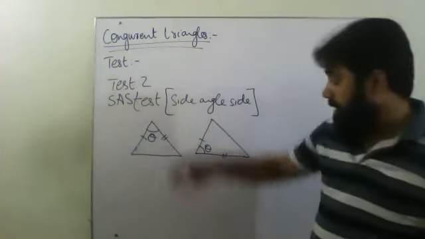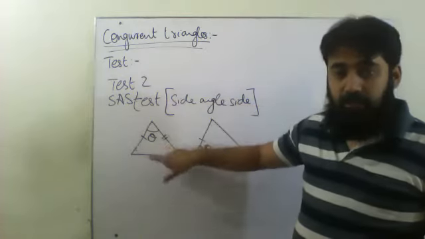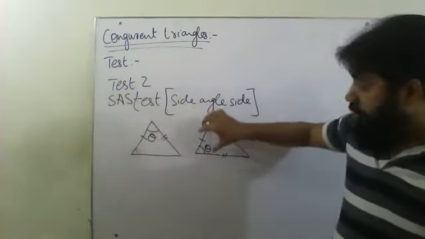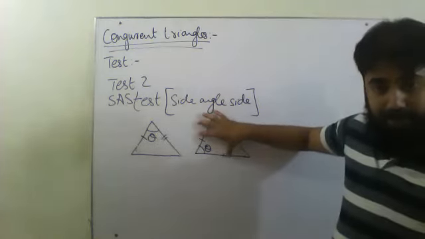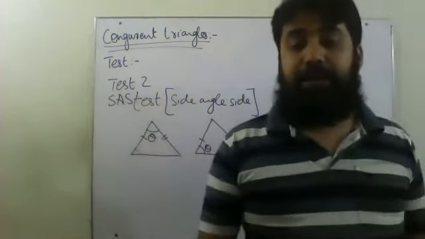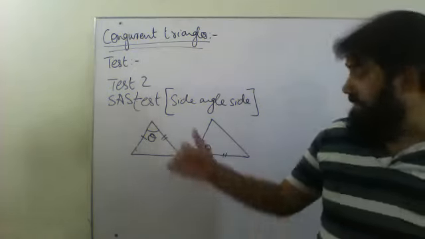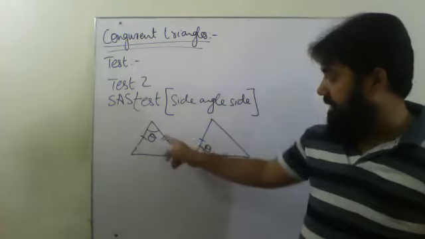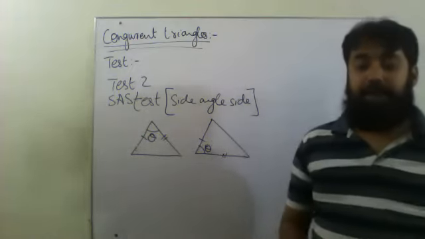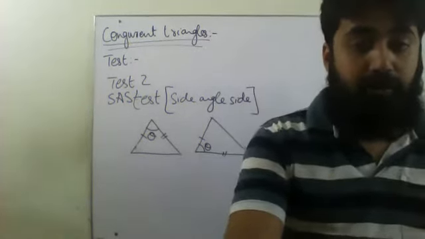When two sides and the inclusive angle are both the same, it means you have a congruent pair of triangles.